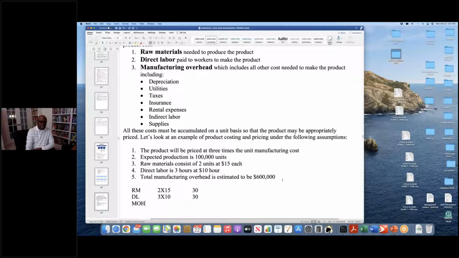My overhead cost is 600,000, and I'm making 100,000 units. So what's the overhead per unit? A simple way to do that is 600,000 divided by 100,000.